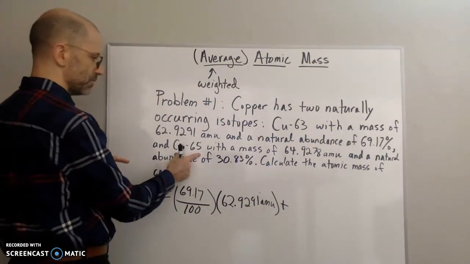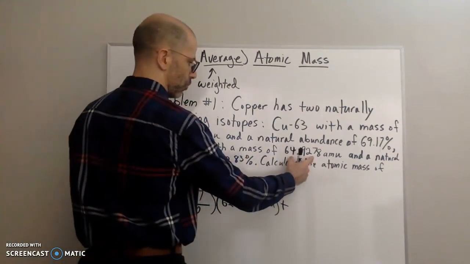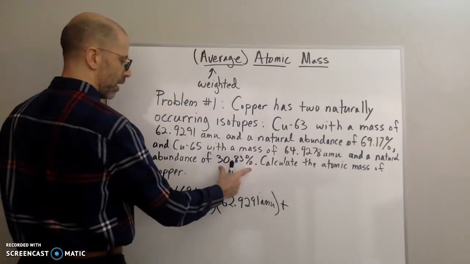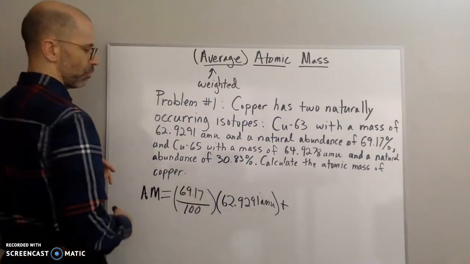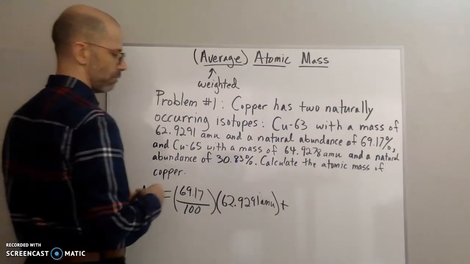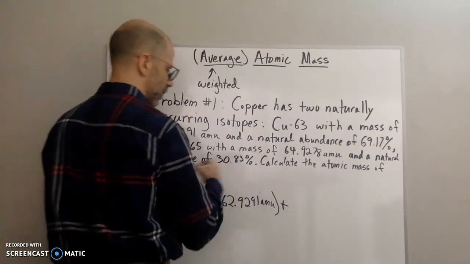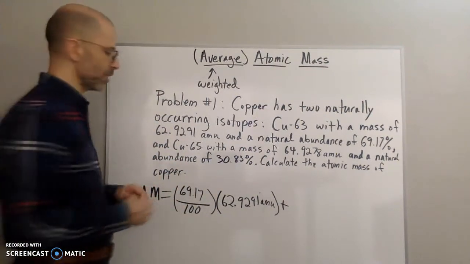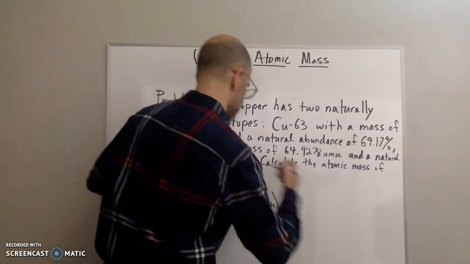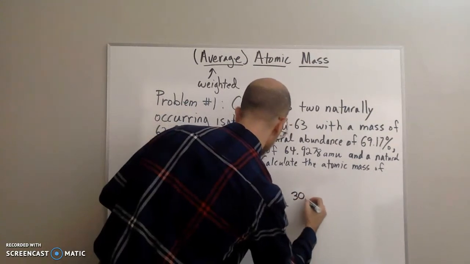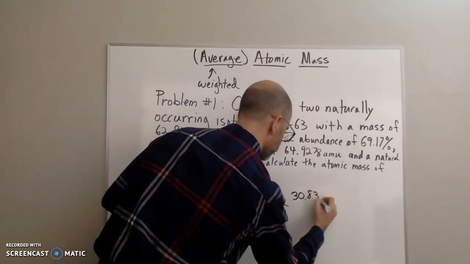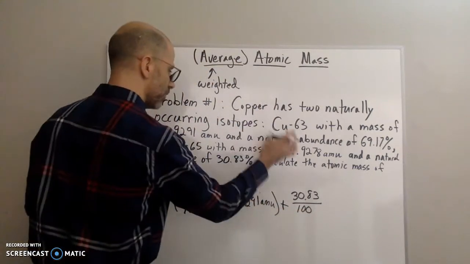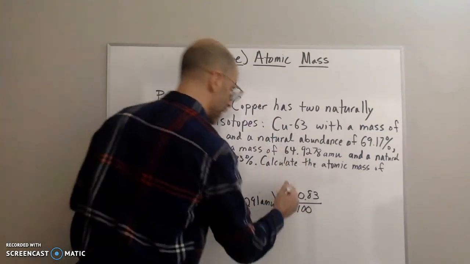So copper 65 has a mass of 64.9278 AMUs, and it has a percent abundance of 30.83. So we're going to turn that into a fractional abundance by dividing by 100, because again, the fraction is out of 100. So 30.83 atoms out of 100 is going to be this isotope here with that mass.